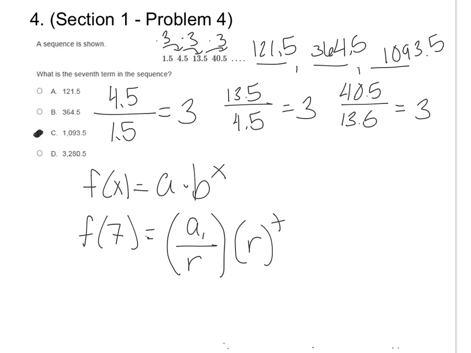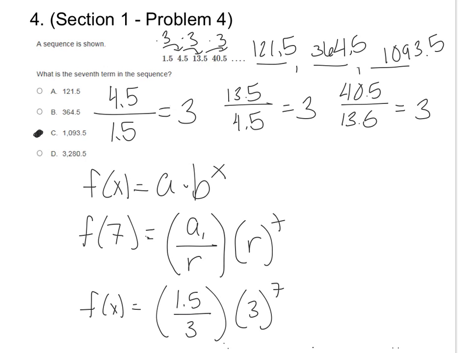So if I'm trying to find the seventh term of this sequence, I would take f of 7 is equal to my first term, which is 1.5, and I'm going to divide that by our common ratio, which is 3, and I'm going to multiply that by our common ratio again, which is 3 raised to the 7th power.